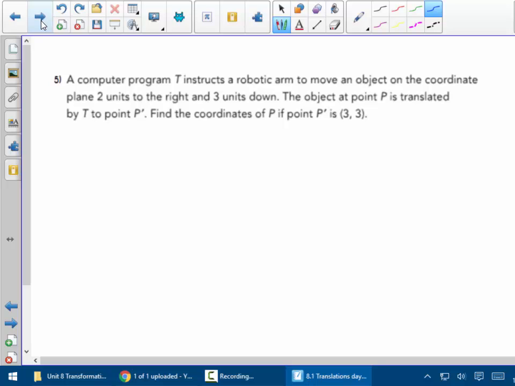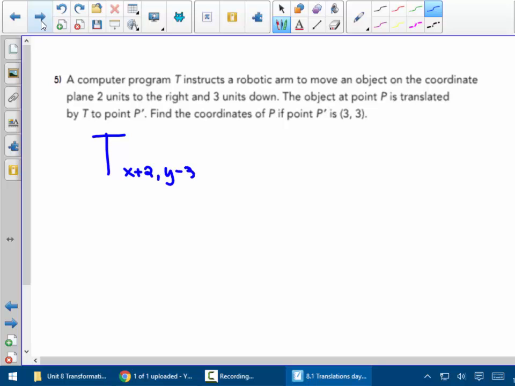A computer program T instructs a robotic arm to move an object on the coordinate plane 2 units to the right and 3 units down. The object at point P is translated by T, by that translation that says do 2 units to the right and 3 units down.